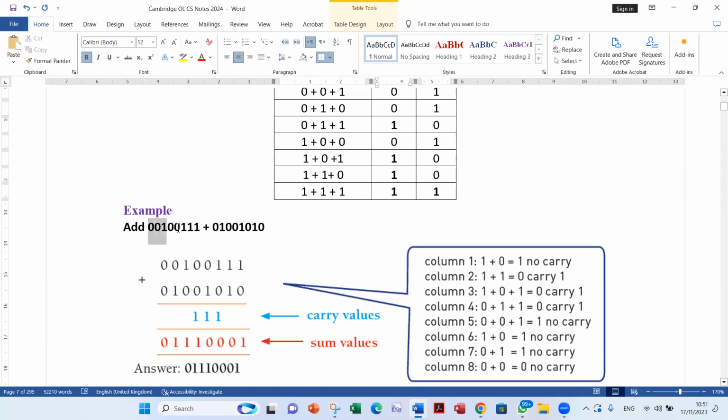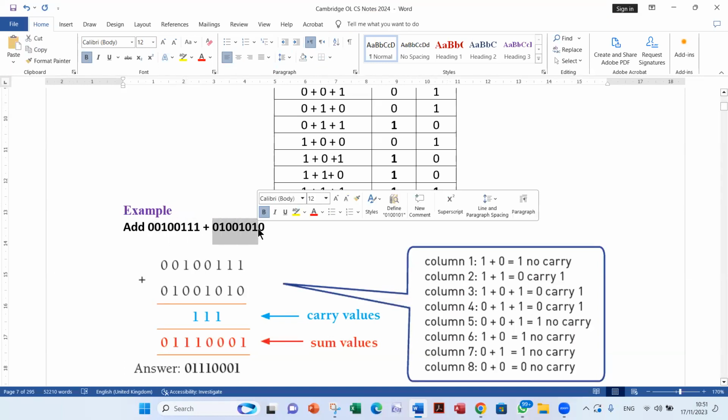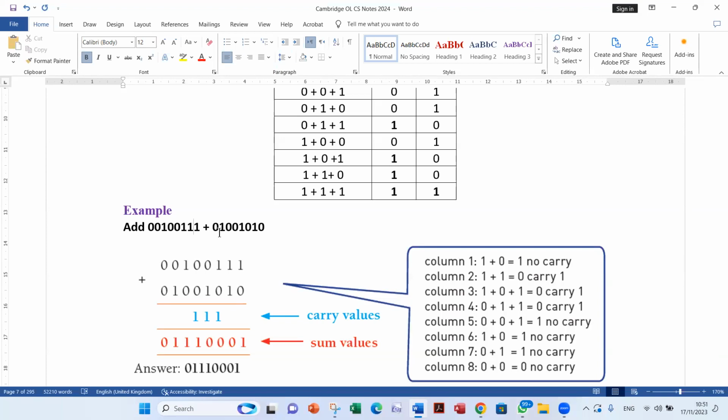So the question asked to add this to that. You have to perfectly align them. You have to write 0, 0, 1, 0, 0, 1, 1, 1 here, and the other one perfectly underneath, clearly, because I don't want to get confused.